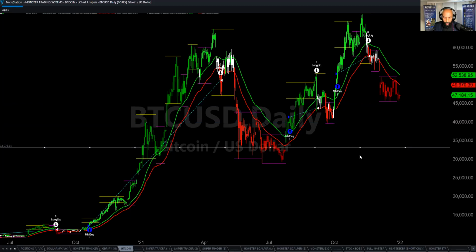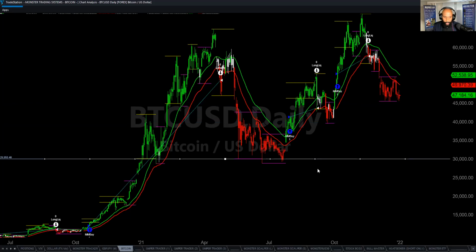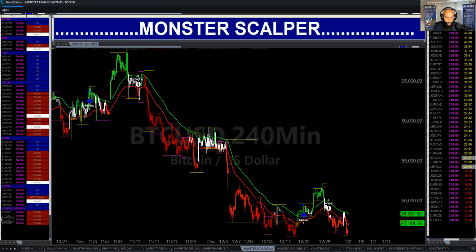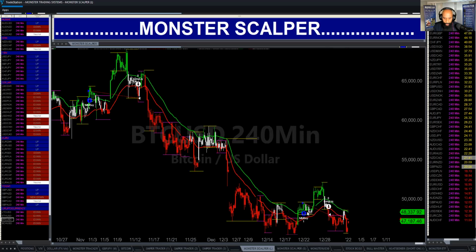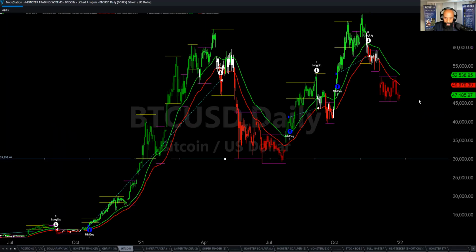So not looking good for Bitcoin. We were hoping that it would stay above this area, right above 50,000, but it failed, broke support, and we got a sell signal. So we've got to pay attention to those levels, guys, and pay attention to those sell signals. Very, very important.